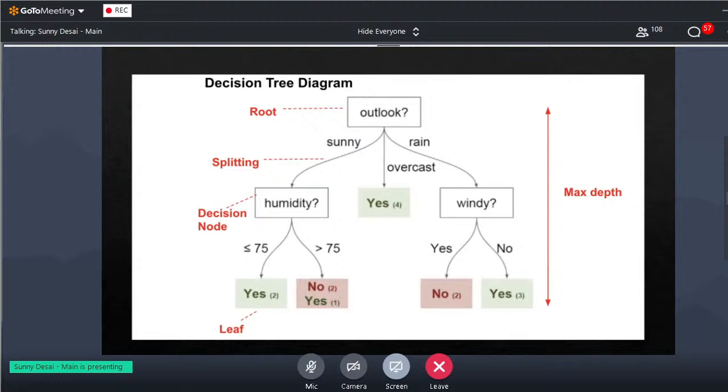So right now, the node from which the machine learning model starts learning is known as a root node. From the root node, or the trunk of a tree, what comes out is known as a branch. Here you see whether the outlook is sunny, overcast, or raining.